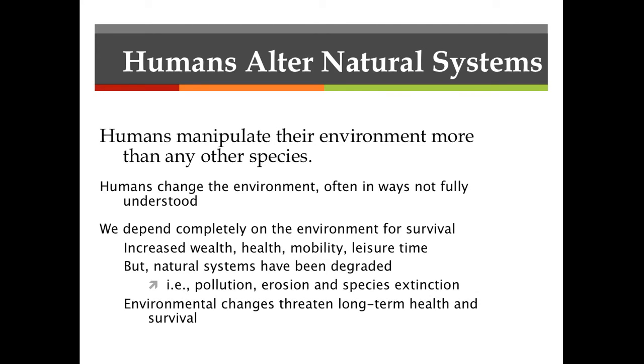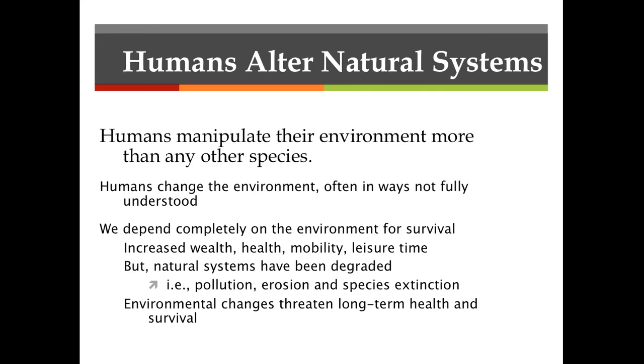Humans are going to manipulate these systems far more than any other species. We change our environment in ways that aren't fully understood. So we change the chemistry of our air, our water, and soil, and we do this both intentionally and unintentionally.